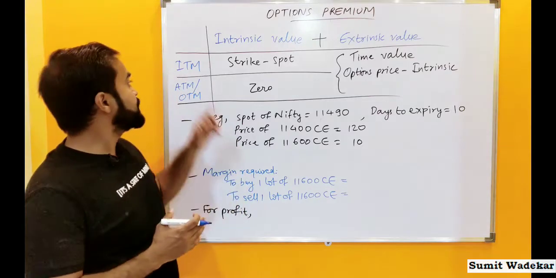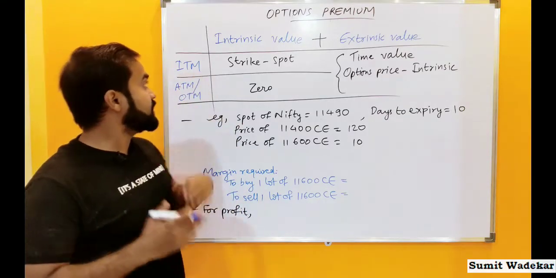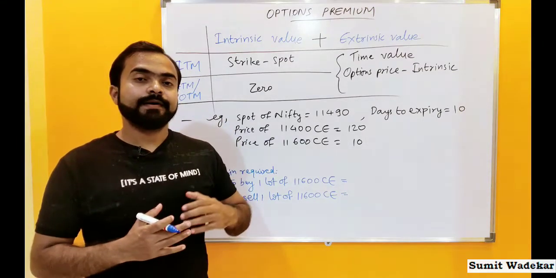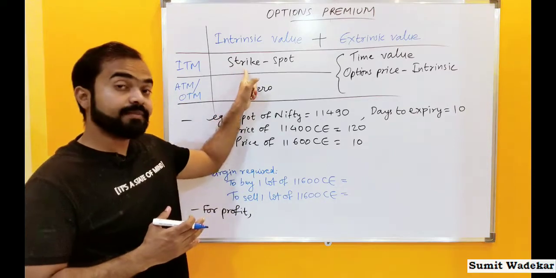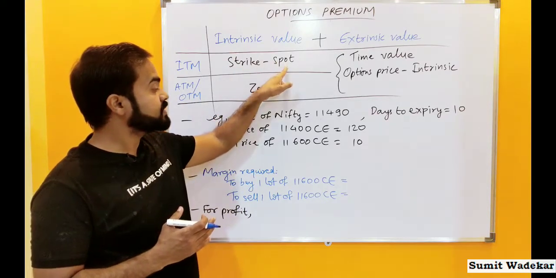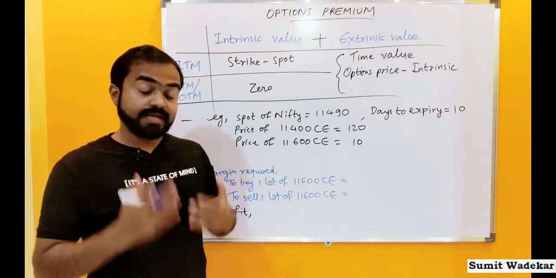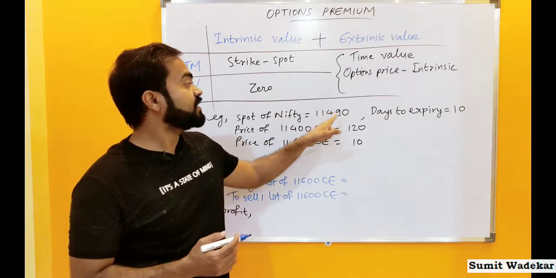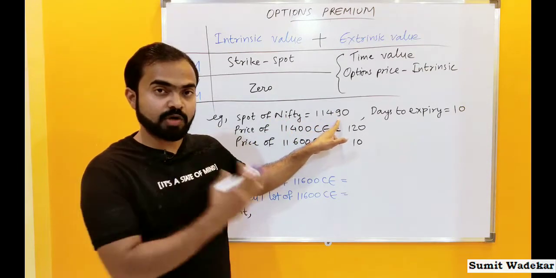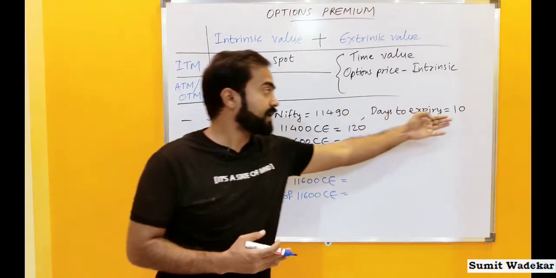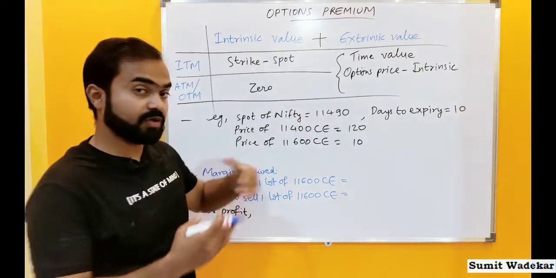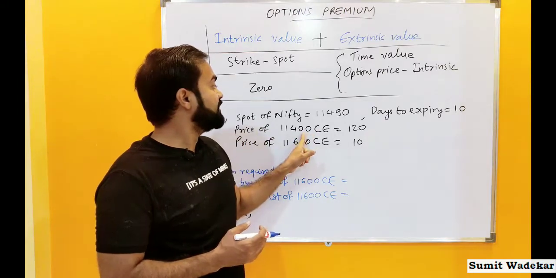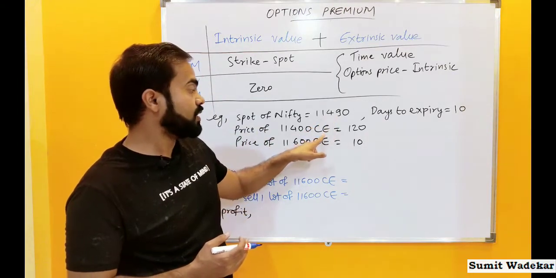So now we'll see, for in the money options, intrinsic value is the strike price minus spot price. We will understand this with one example. Suppose Nifty is trading at 11,490, meaning spot price, and there are 10 days to expiry for the option to expire, and consider the price of the 11,400 call.